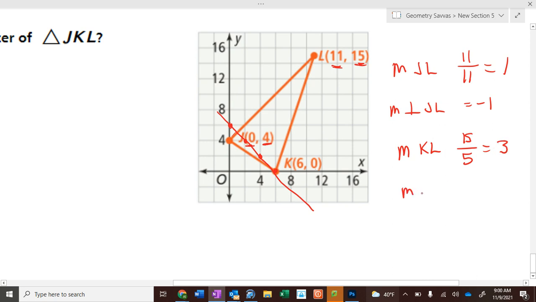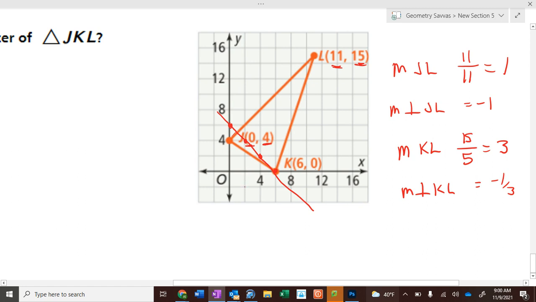So what's the slope of the perpendicular to KL? -1/3. So we go down 1 to the right 3, or back 1, up 3. Oh, from here. So to the right 1, down 3.